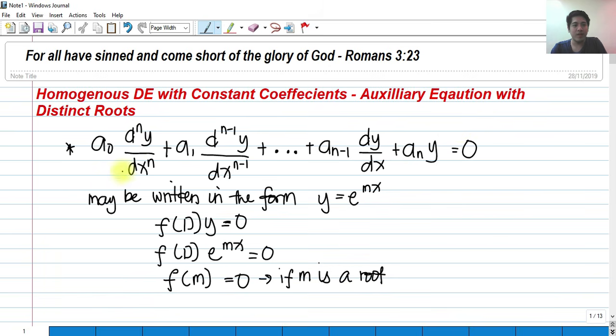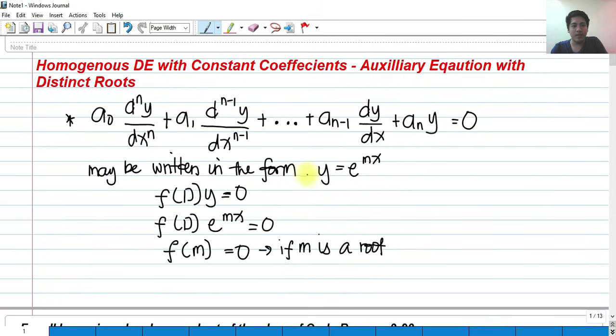But this form can be rewritten in the form of f of d multiplied by the dependent variable, which is y, is equal to 0, where f of d is actually what we call the differential operator.